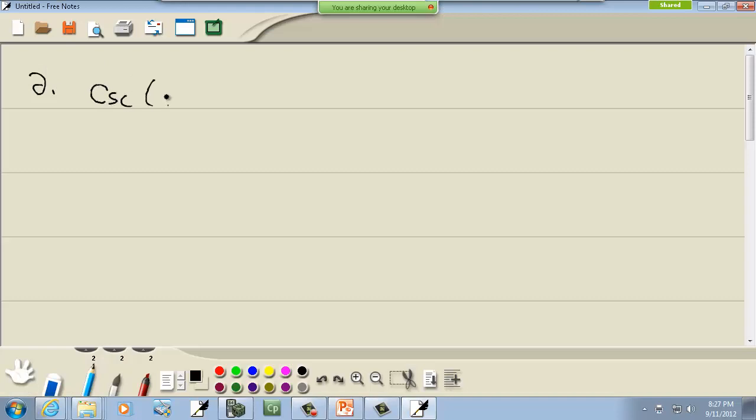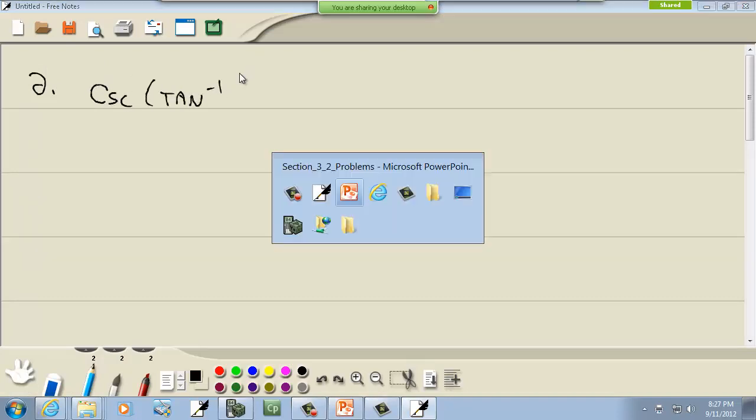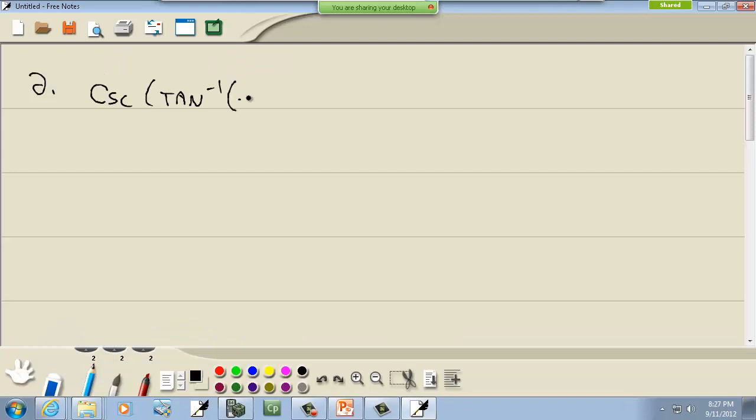We got cosecant of the inverse tangent of negative square root of 3. Now step 1, we set the inner equal to a variable like p.